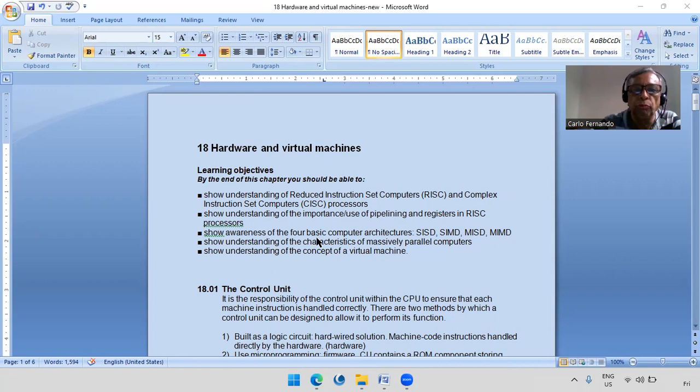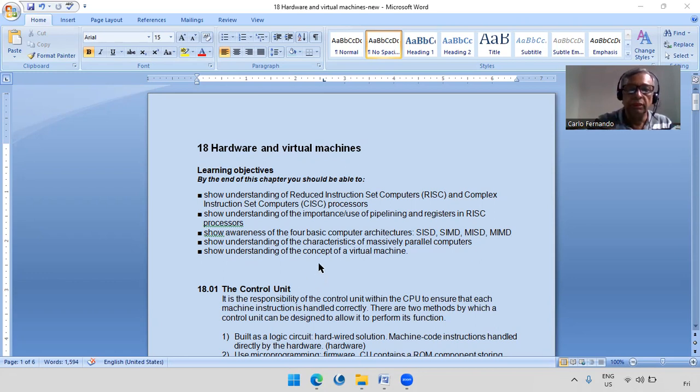Show awareness of the 4 basic computer architectures, that is SISD, SIMD, MISD, MIMD, 4 types. Of course, the words will come later. This is only the abbreviation.